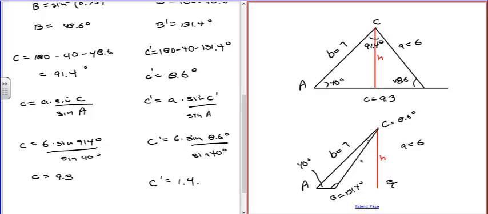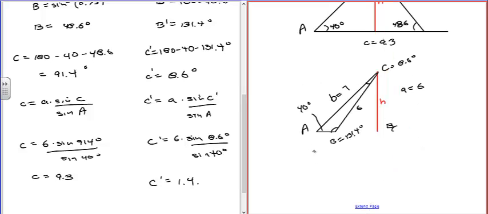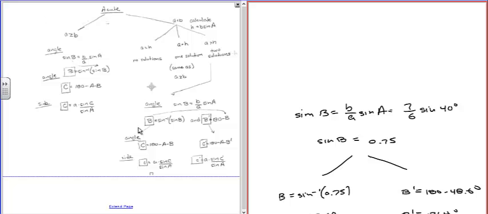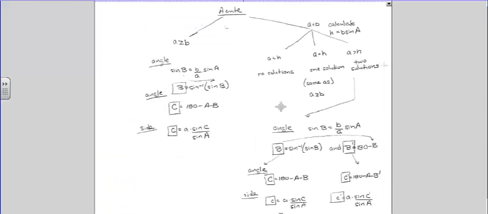This length is 7, this length is 6, and this side C is 1.4, and you can see this is much smaller than the other two. So all of the parts make sense. So that was this scenario.